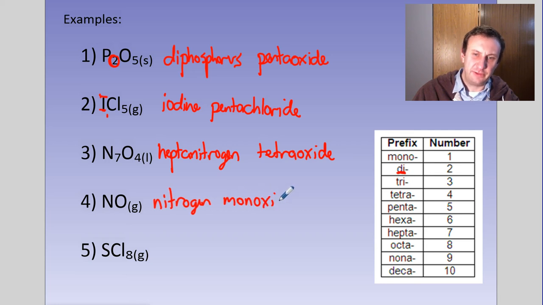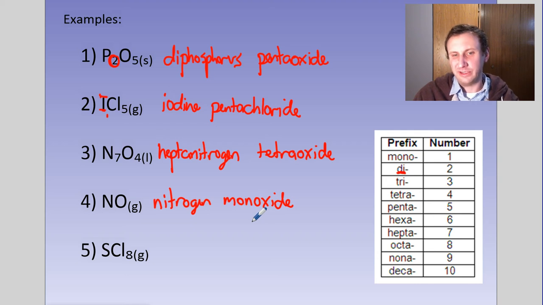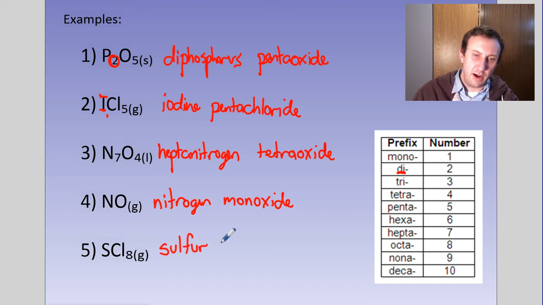Kind of interesting to note, I don't put two O's in here because then it would look like moonoxide, right? That's not how we say it. We say monoxide. So you need to think about what vowels you put in terms of how it would sound. This is not something that we'd ever take marks off of, but try to strive for perfection, doing it the proper way. And then finally, this one would be sulfur, octa, chloride.